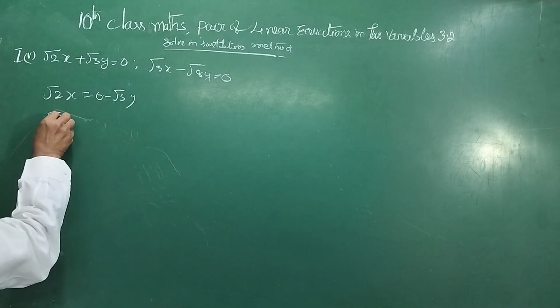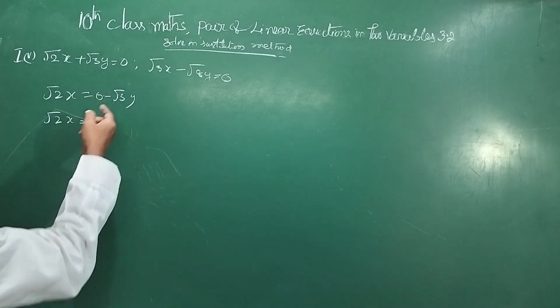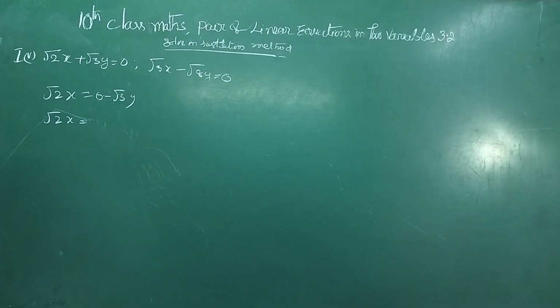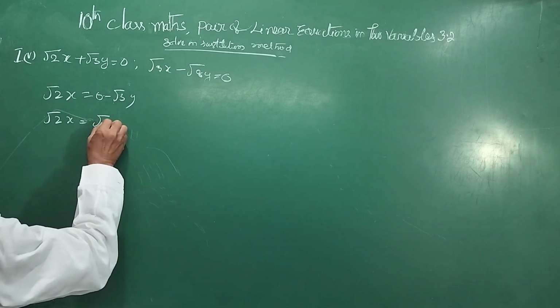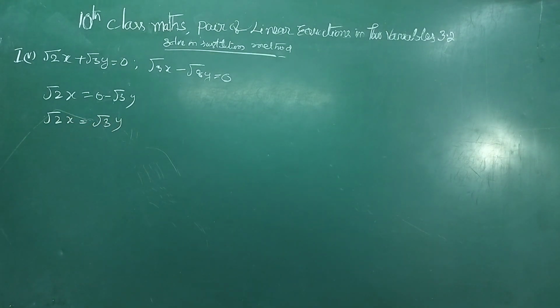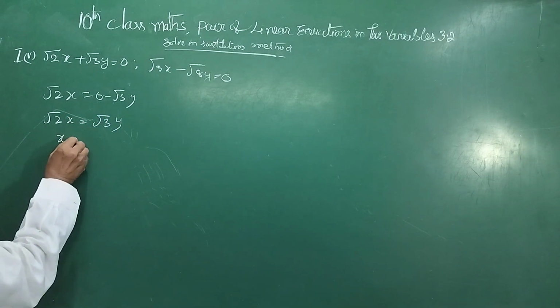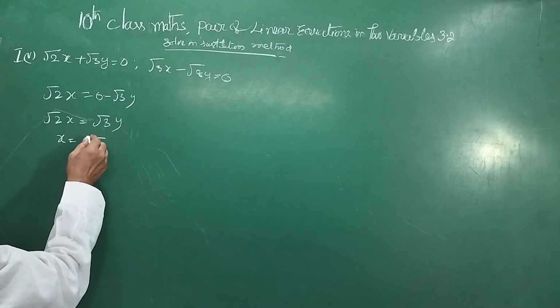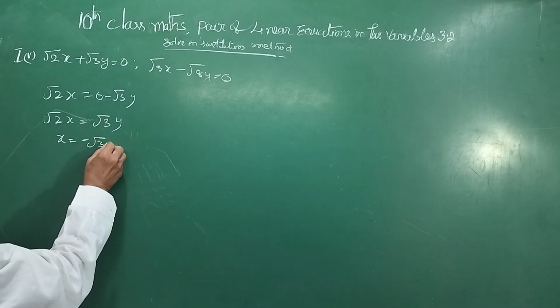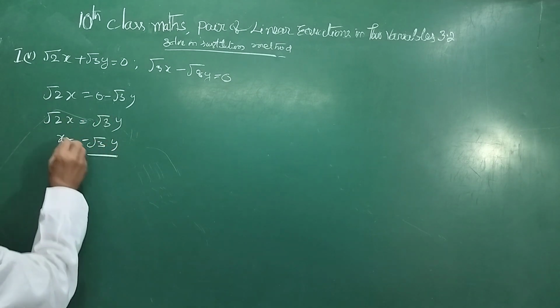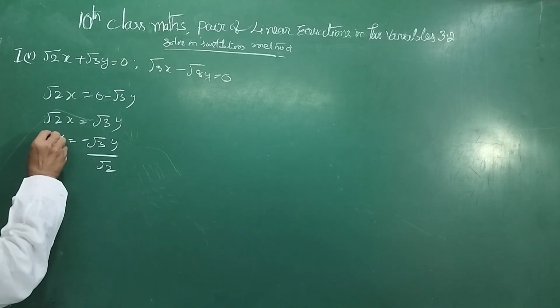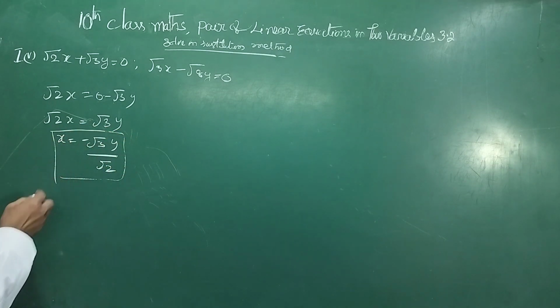Therefore, x is equal to minus root 3y by root 2. Yes, it is the x value, isn't it?